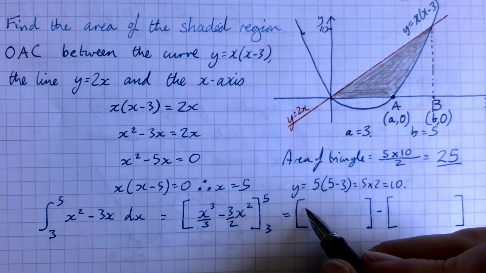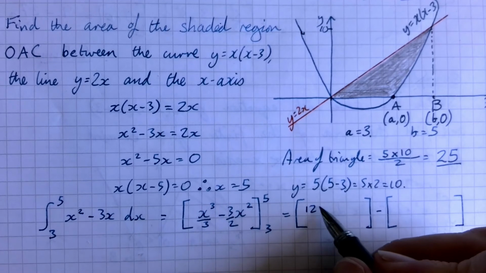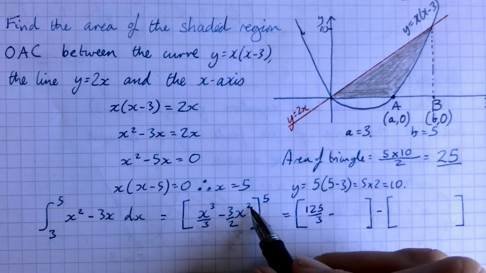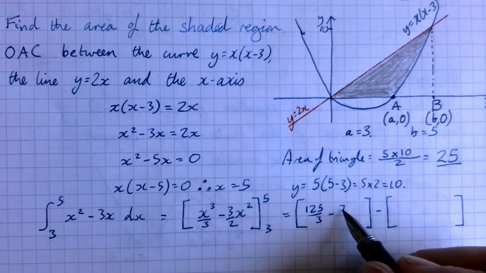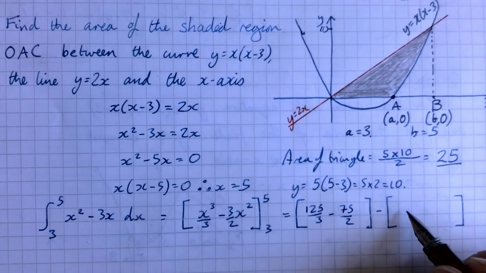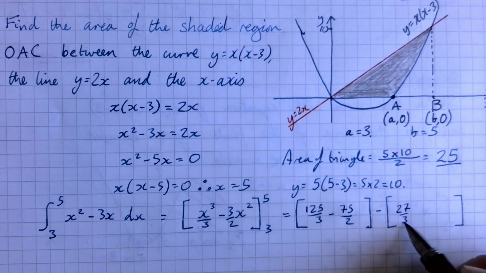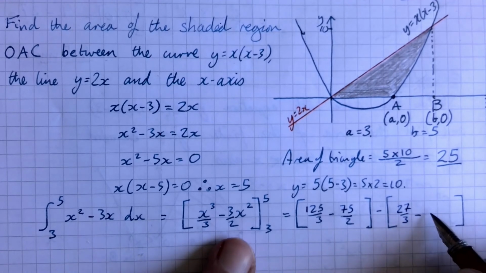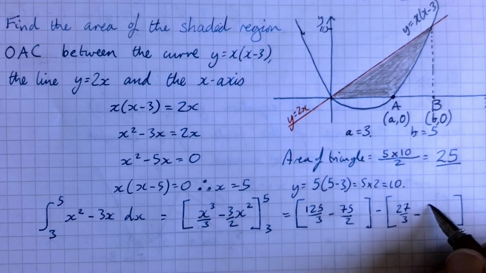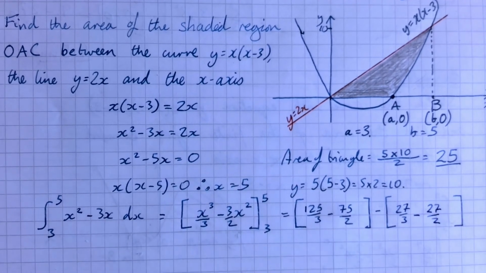That should have given us 125 over 3 minus, that's going to be 25 times 3 is 75 over 2, and just here we have 27 over 3, which is 9, and 3 squared times 3, so that's 9 times 3 is 27 over 2.